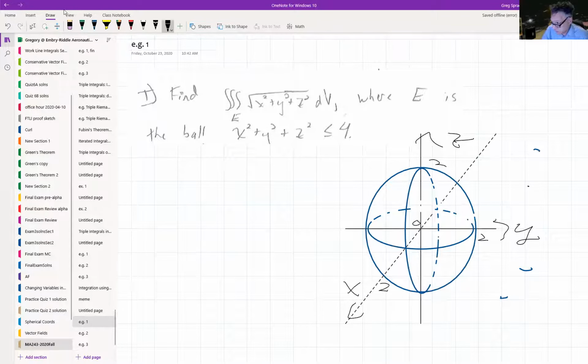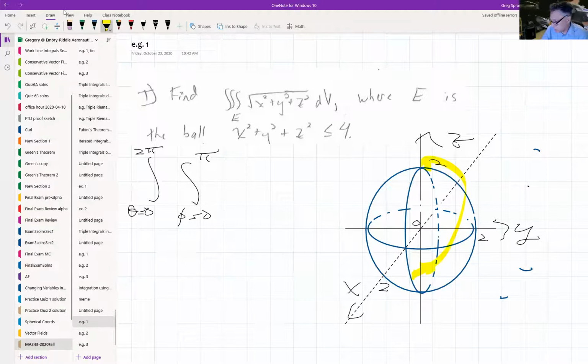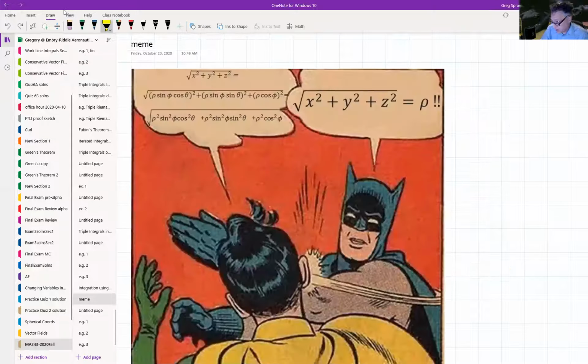Okay, so let's find the limits of integration. Theta goes from 0 to 2 pi all the way around in a circle. Phi goes from 0 at the North Pole to pi at the South Pole, and rho goes from 0 to 2. Now, for the square root of x squared plus y squared plus z squared, don't do what Robin did. This is what Robin does.